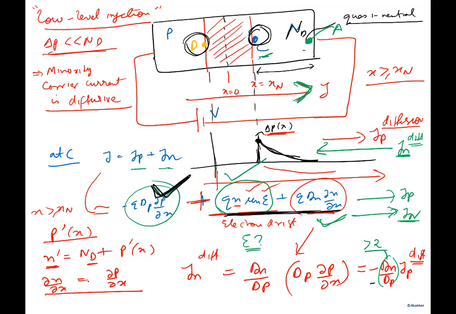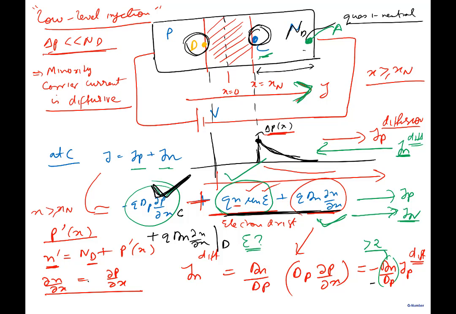But the electron current I can now write as plus Q Dn del N by del X, at D. So he says now I can compute the current by calculating the hole current in the N type and the electron current in the P type. And if I sum up these two currents, they will give me the net current.